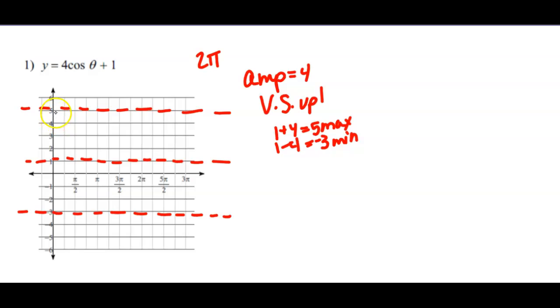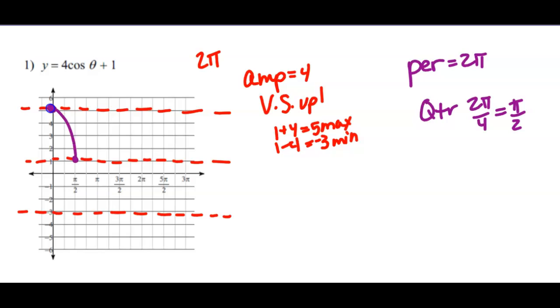So it is a normal cosine, it starts here. The period is 2 pi, so the quarter points happen every 2 pi over 4, which is pi over 2, and so it's just going to go pi over 2, 2 pi over 2, which is pi, 3 pi over 2, another pi over 2 would be 4 pi over 2s, or 2 pi. So there we go.